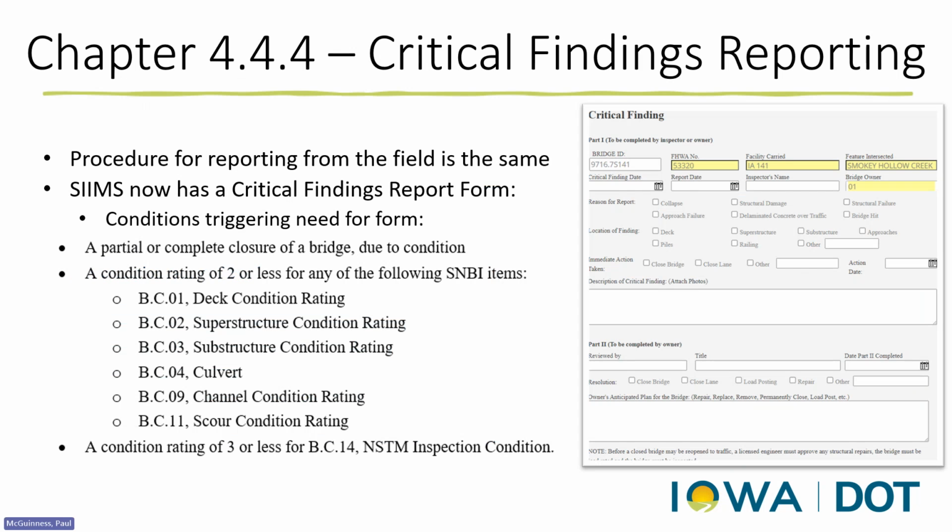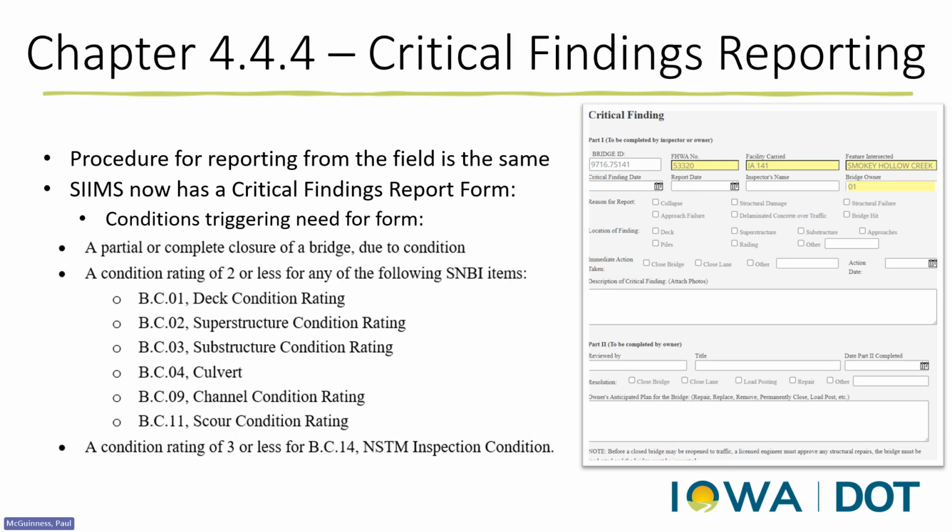Critical findings report. You'll still need to contact the responsible local official immediately when you suspect a critical finding to verify that. And then also if it's on an NHS, the FHWA within 24 hours. And you'd need to complete part one of the CF report within 48 hours, but don't wait till you complete that report to report it.